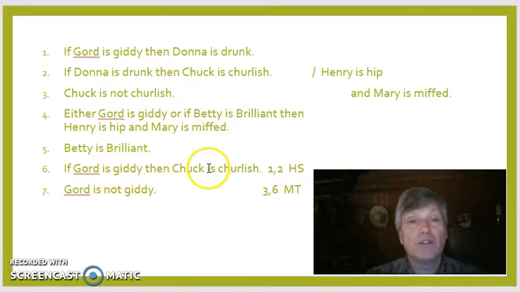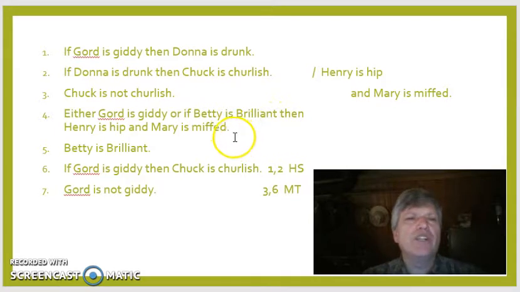Again, I justify why I can infer this by saying I'm inferring it from lines 3 and 6, and I'm using the rule modus tollens. Okay, so this justifies my being able to conclude this from what I've got so far.